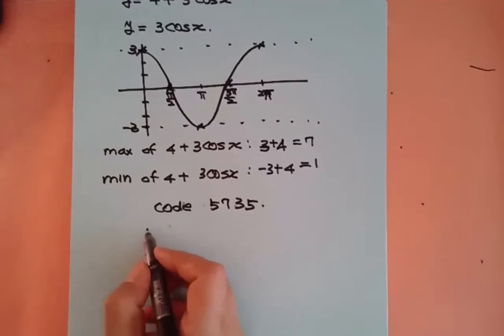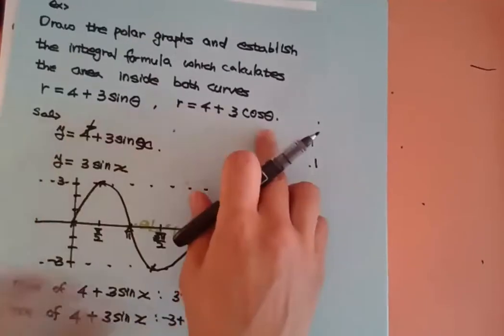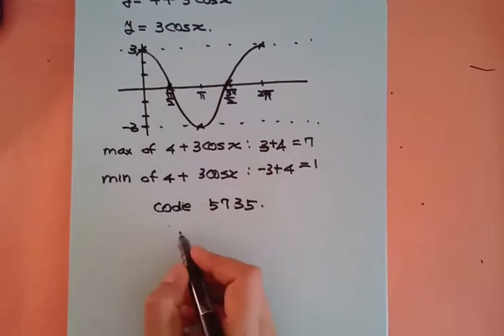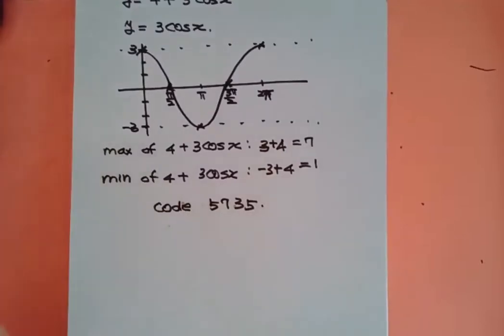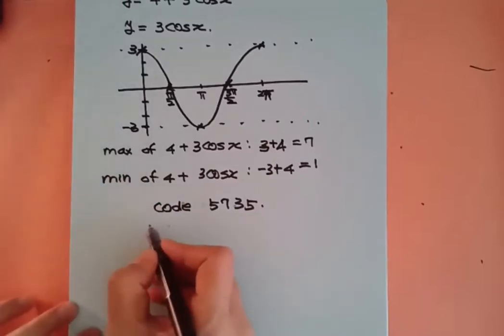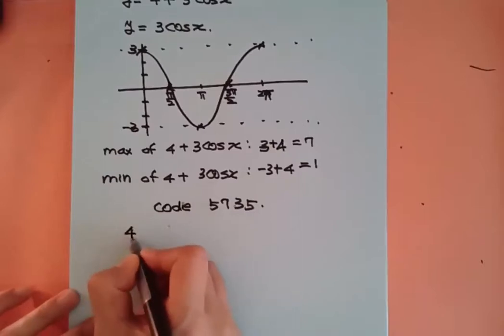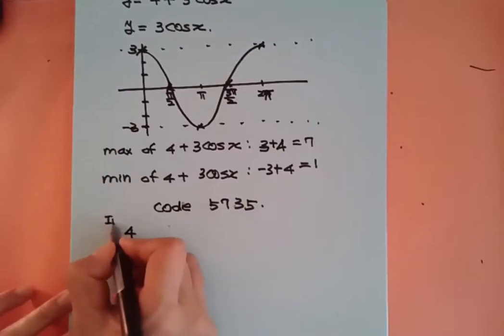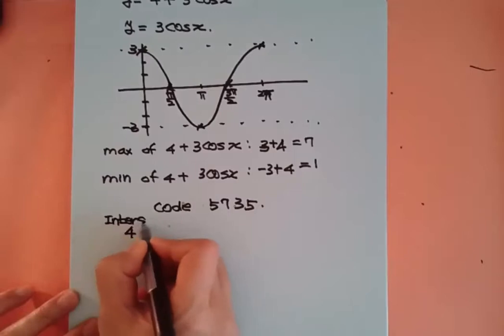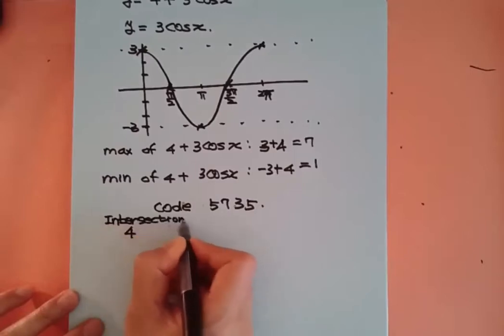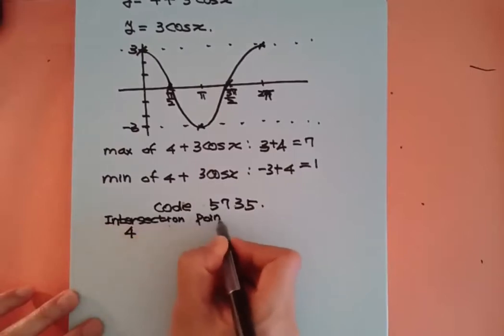We will make these two equations equal because the radius must be the same. So we will set up the equation for the intersection point.